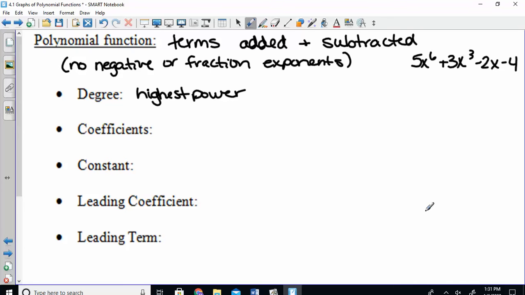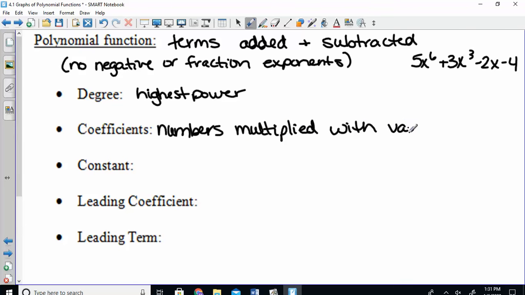Okay, if I ask you for the coefficients, what are those? Numbers. So the coefficients are just your numbers being multiplied with your variables. So like the 5, the 3, the negative 2.